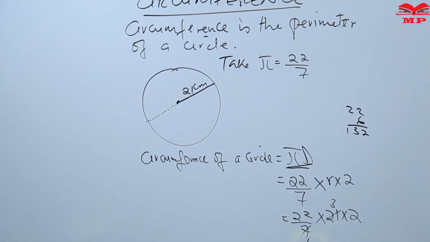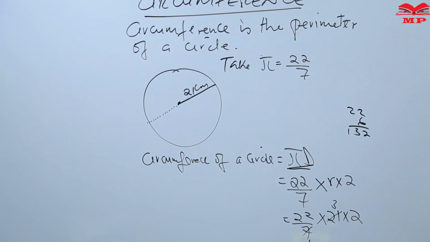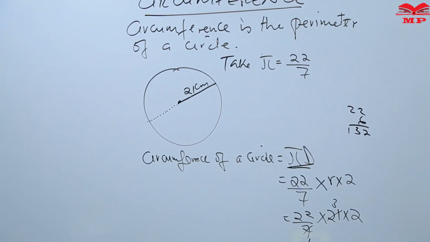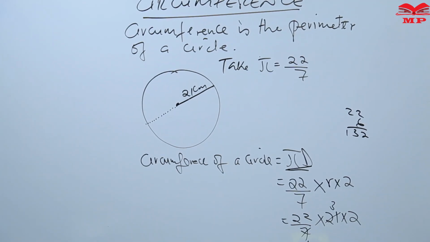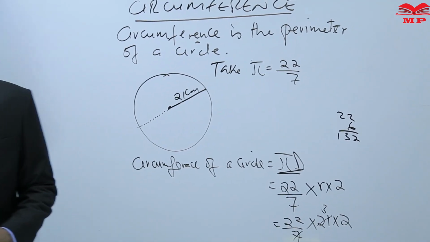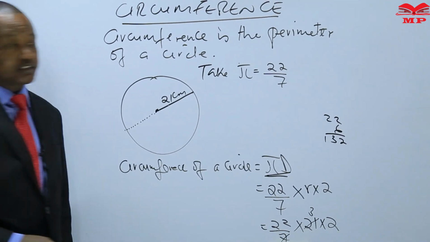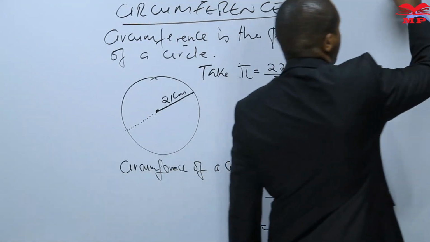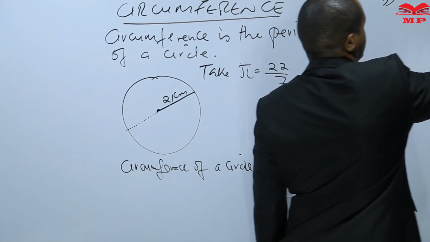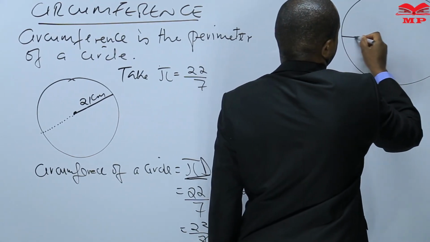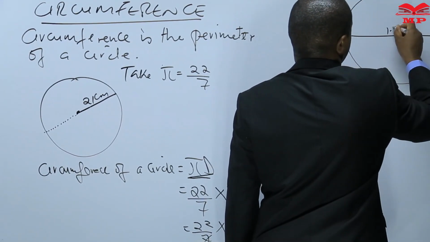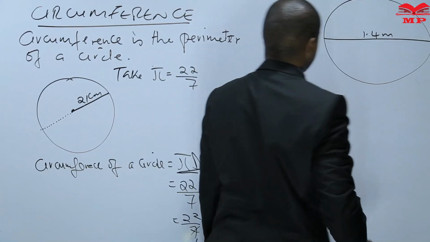Second question. What is the circumference of the following? So we have a circle, part B. The diameter is 1.4 meters.